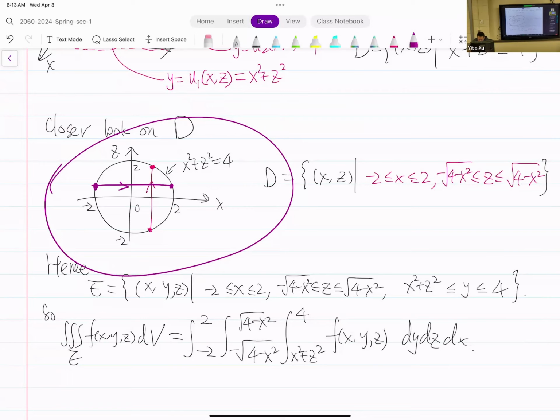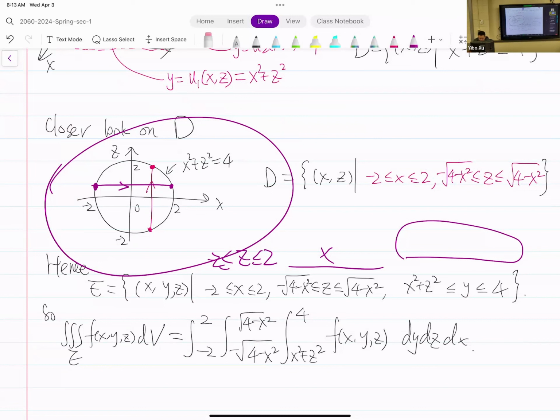And if you're using the horizontal bars in purple, then it's going to be z from -2 to 2, and then x with the bounds cut between those purple points. And finally, y is using the same lower and upper bounds.